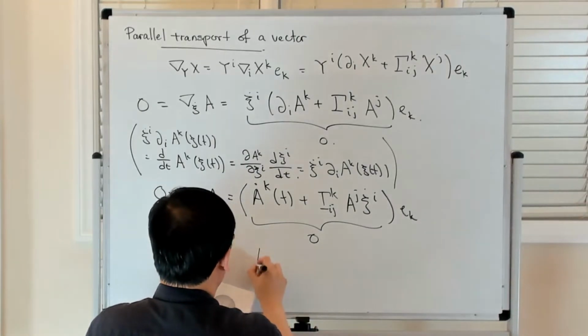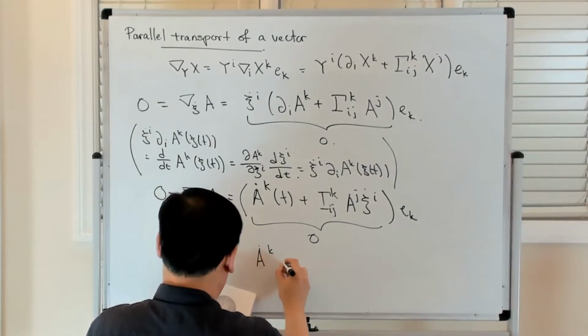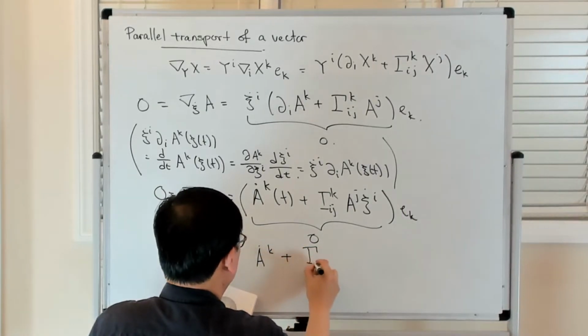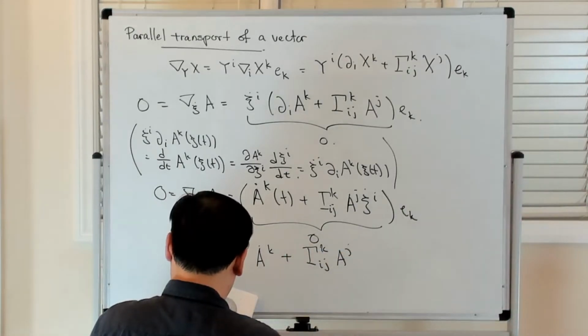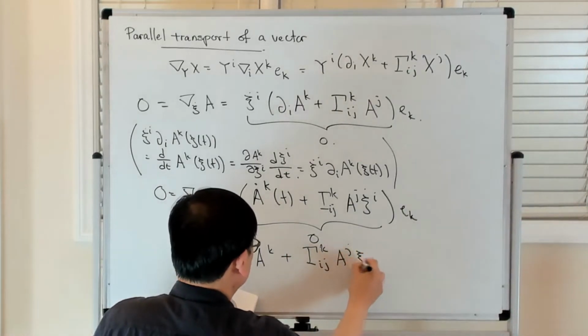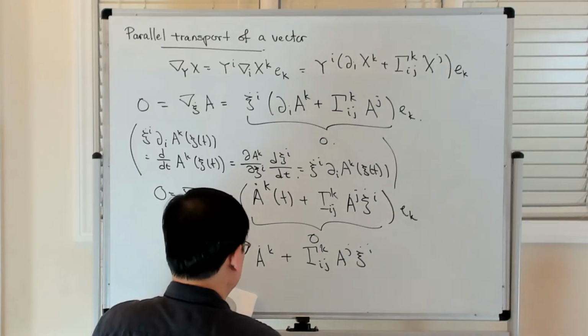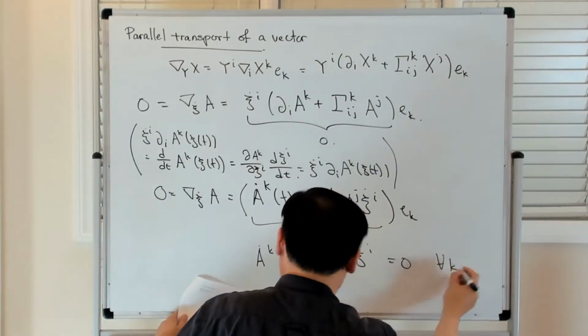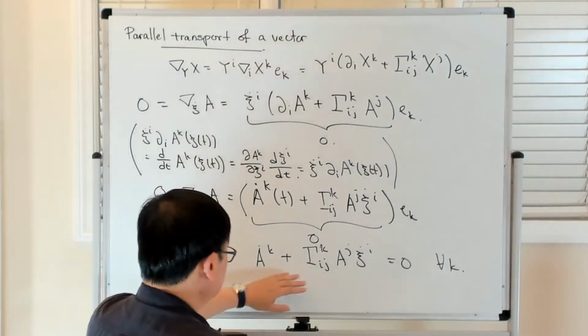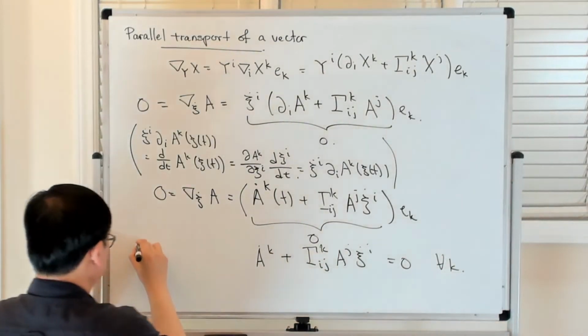So this gives you A dot K plus gamma^i_jk A^j C dot I equals 0 for all k. This is what is called the parallel transport equation.